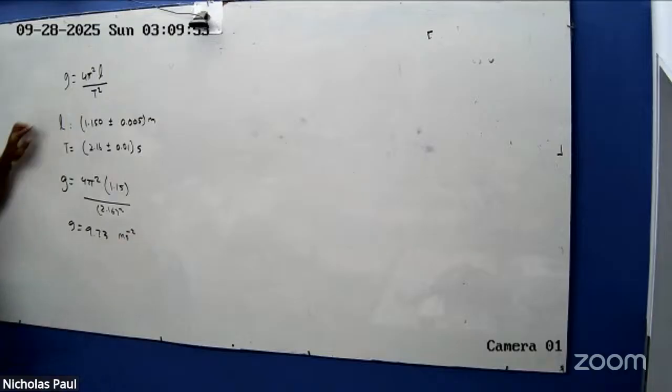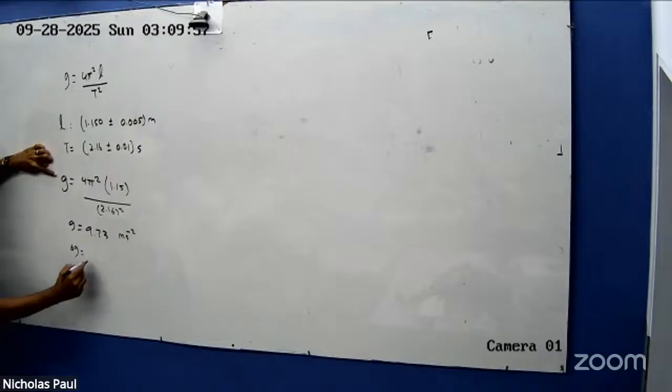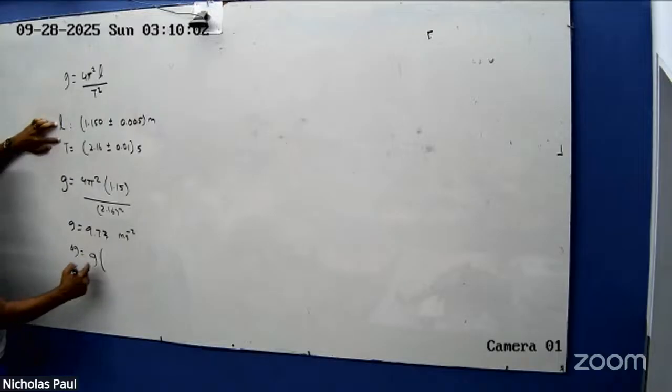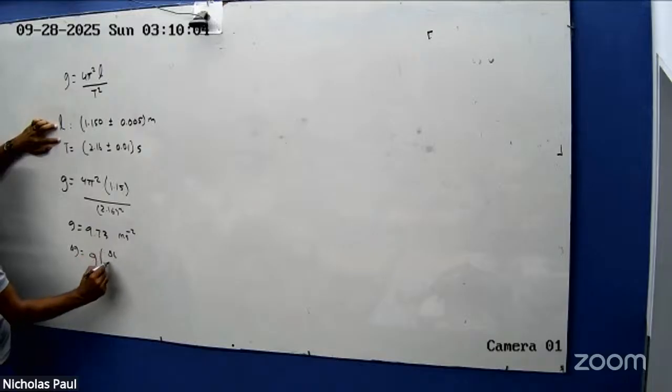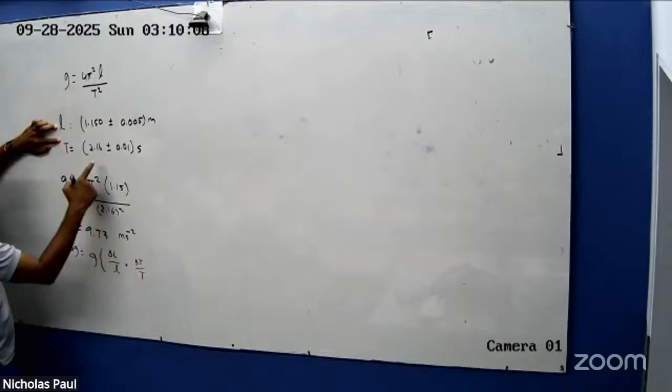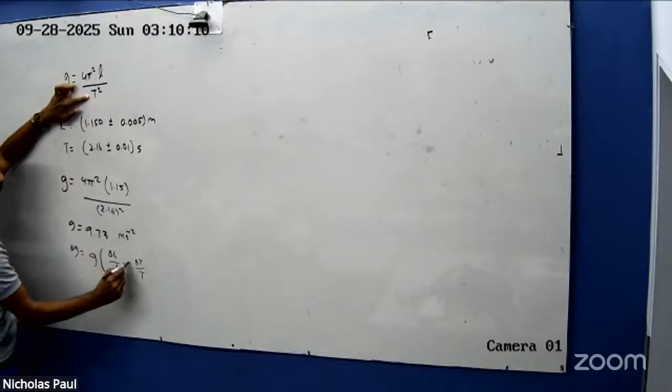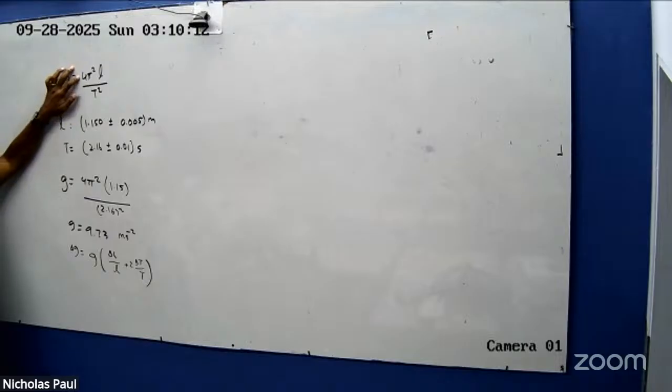Next part, you want to find the error in G now, or the uncertainty in G. That will be G times the error in L on L plus the error in T on T, but T is what? Squared. As I was saying, 4 pi squared does not contribute to the error because of constant.